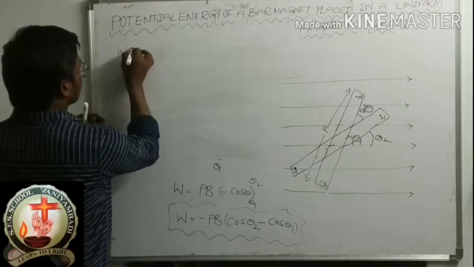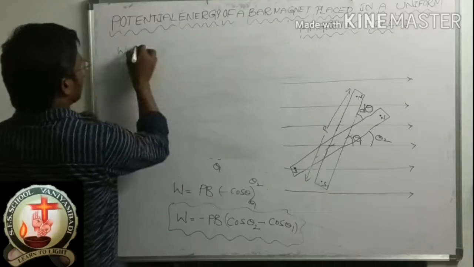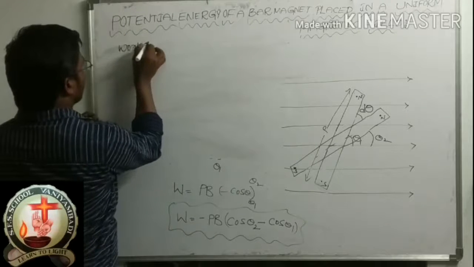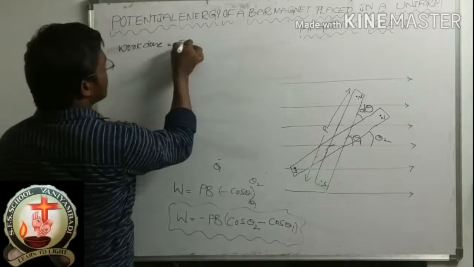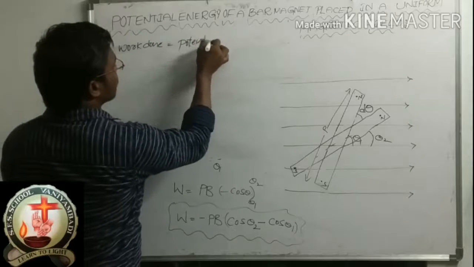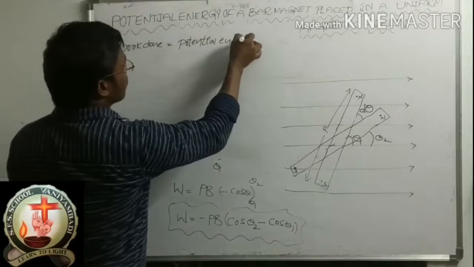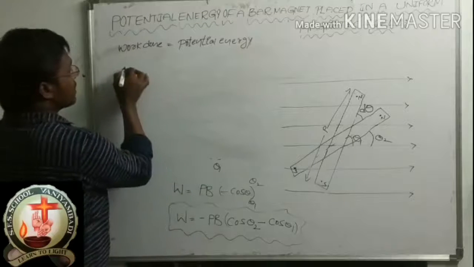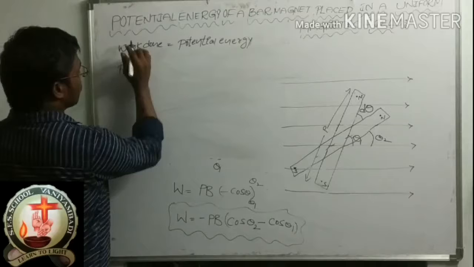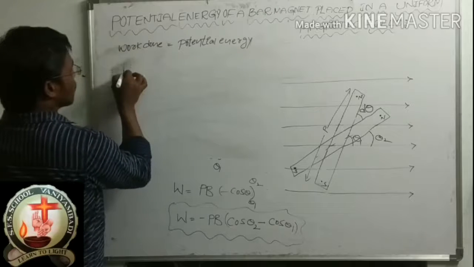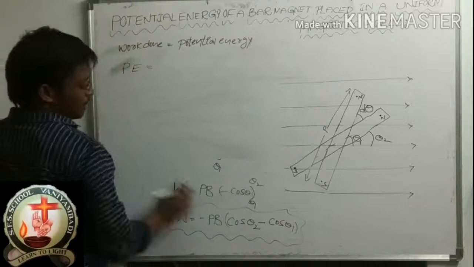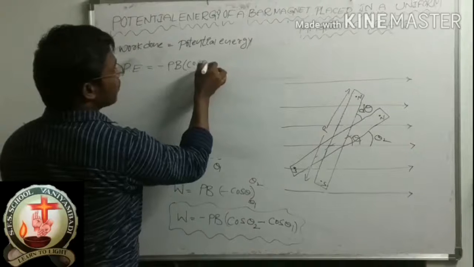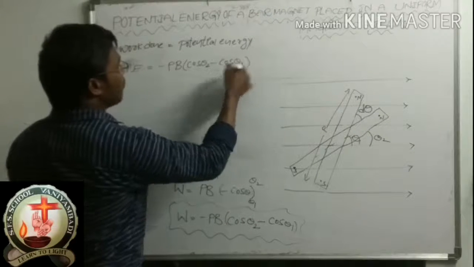So work done is equal to potential energy. In the place of W we can write potential energy. Potential energy PE is equal to work done, minus PB cos theta 2 minus cos theta 1.